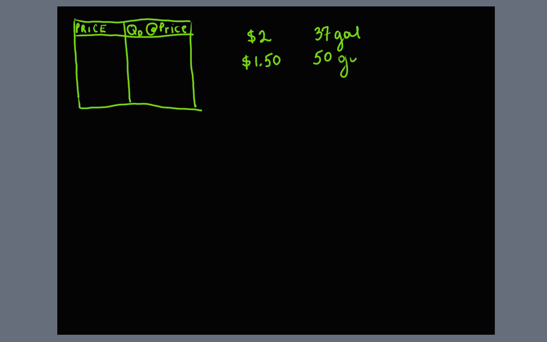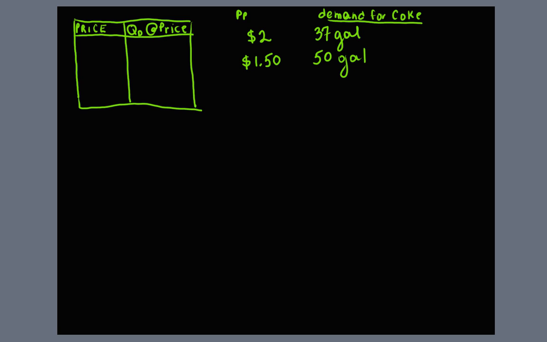Remember our law of demand, which tells us that if the price of a good decreases, all else held constant, we would expect more demanded. So I'm just going to put demand for Coke. I'm just going to make up a soft drink, and then I'm going to put price.